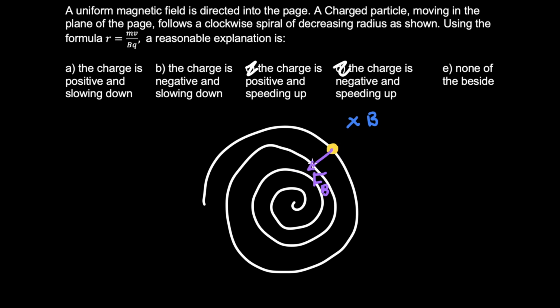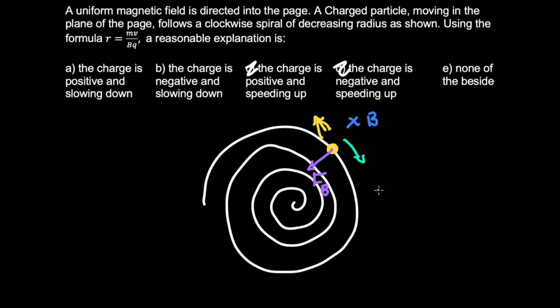Since we know that the force is applied inward, your fingers should still be pointing into the screen, and now your palm should be directed inward. This means that your thumb should be directed this way. However, we know that our particle, rather, is traveling in this direction.